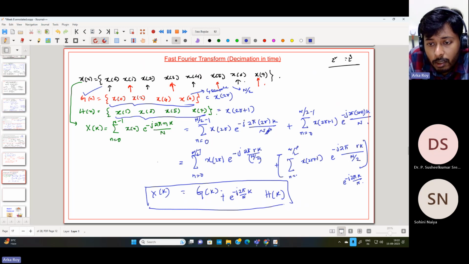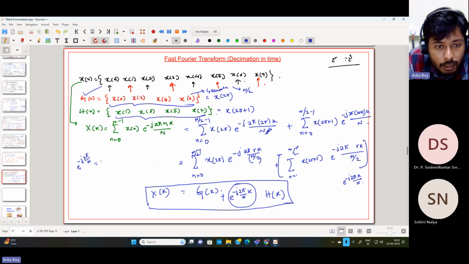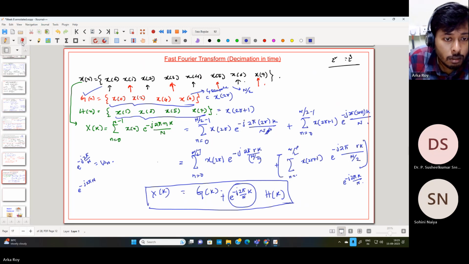And there is a very common term that we call a twiddle factor. So the twiddle factor is nothing but e to the power minus j 2 pi by n. We write it as W n. And because over here we have a factor of k in the power, I can write e to the power minus j 2 pi k by n as W n to the power k.